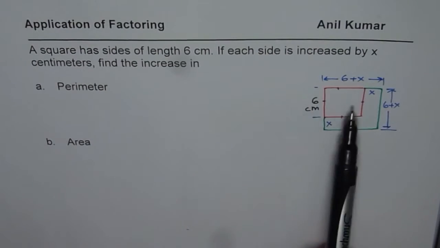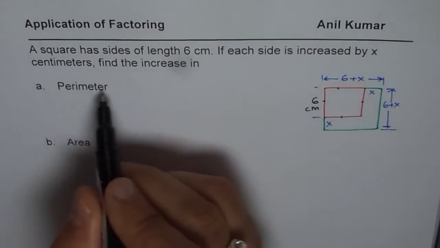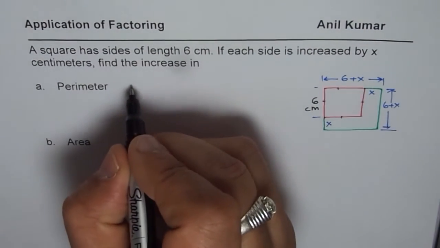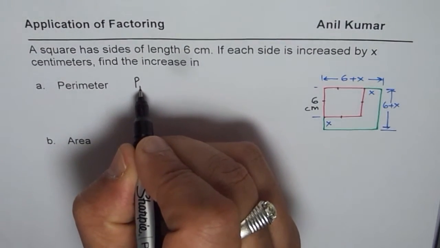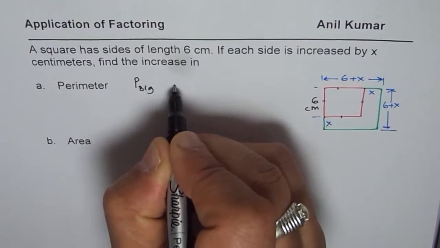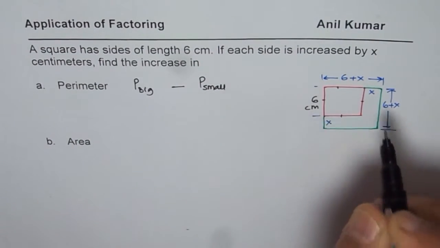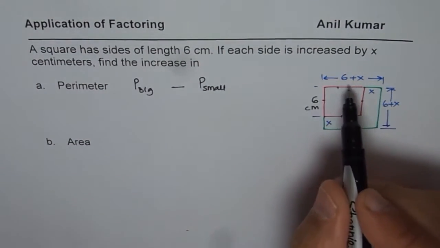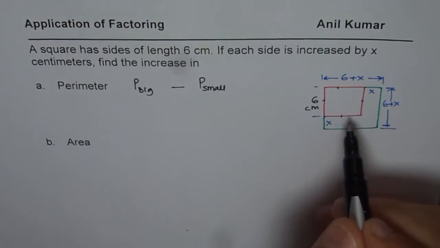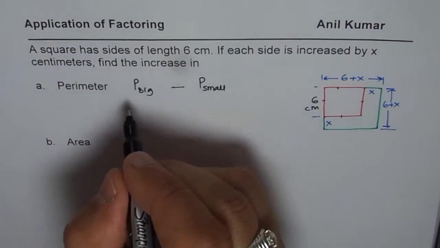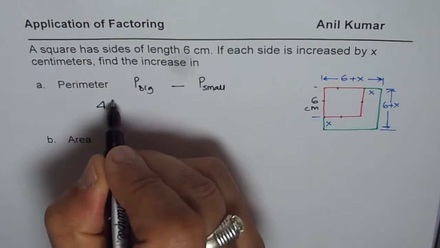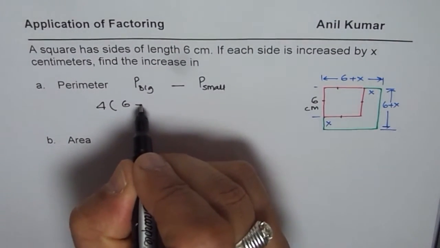Now what is the perimeter of a square? So the increase in perimeter will be the perimeter of the big square minus the perimeter of the small square. The big square has dimensions of 6 plus x, all 4 sides, so the perimeter will be 4 times 6 plus x.